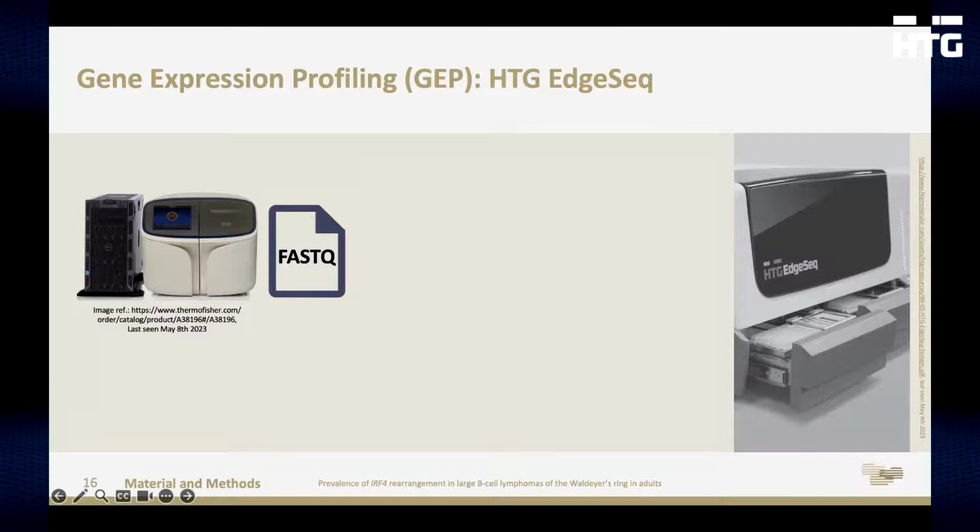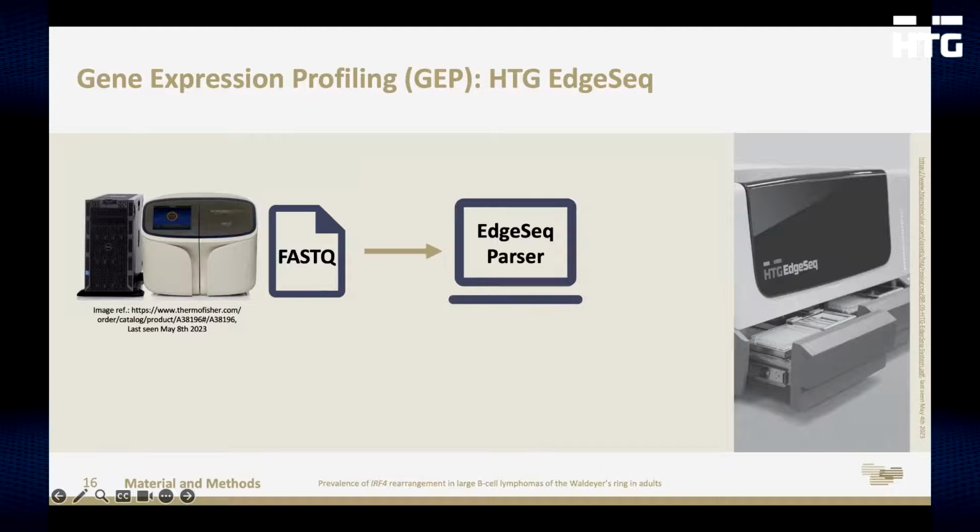The Ion GeneStudio S5 Prime generates, beside other output files, FASTQ files, which contain the sequencing data in a specific format. These FASTQ files were downloaded and then transferred to the EdgeSeq parser software, which uses an HTG-developed algorithm to determine the cell of origin, and then outputted the COO classification as GCB type, ABC type, or as unclassifiable.